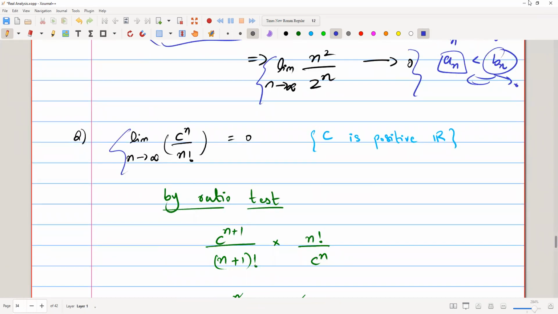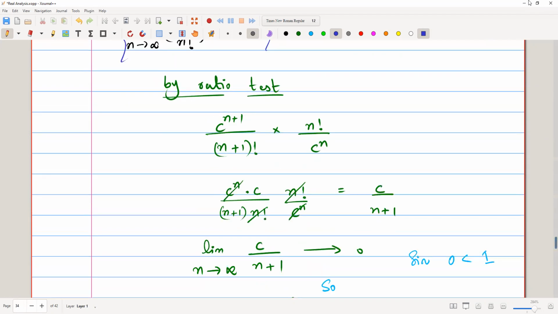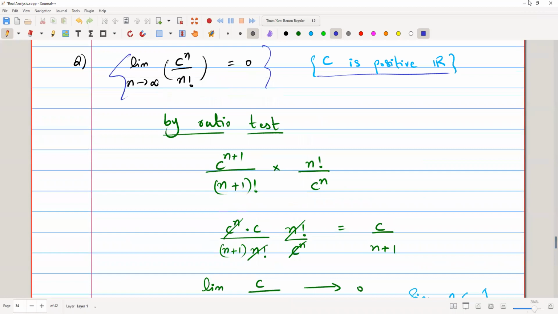Now for this question, the limit as n tends to infinity of c to the power n over n factorial, where c is a positive real number, we use the ratio test. What the ratio test says is, for instance, if we have a sequence like n squared plus 1 over n, then we have to test this sequence.